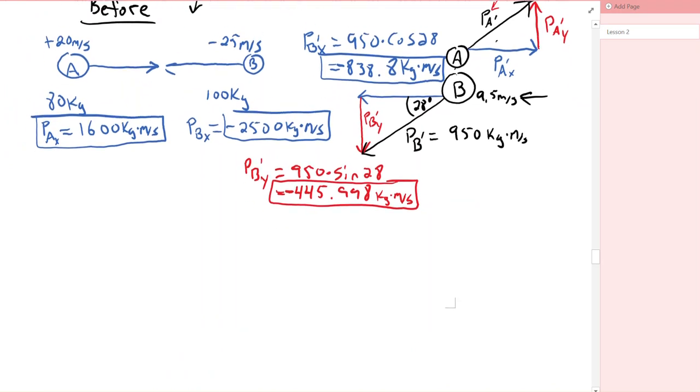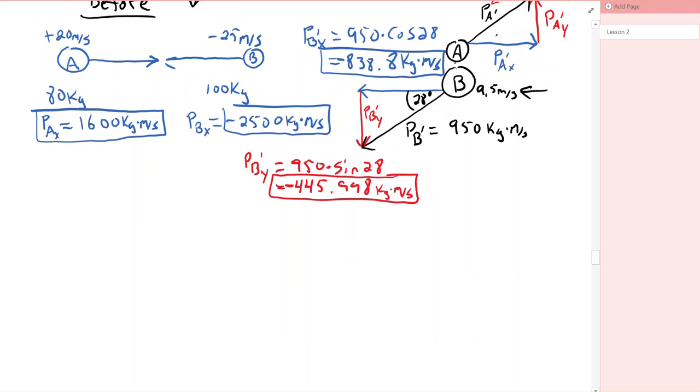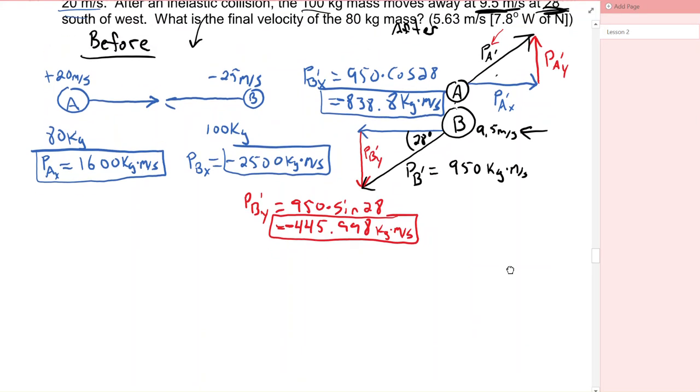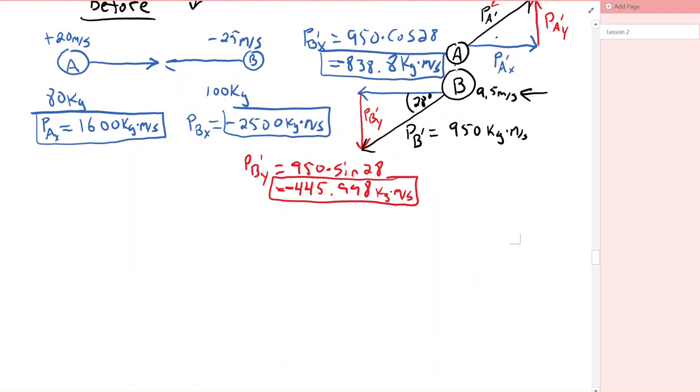So now that we have all those figured out, what we got to do is figure out our momentums, and it's pretty much the same equation that we had before. But this time it's going to be the sum of the momentums in the x direction is equal to the sum of the momentums after in the x direction. Right? So I'm just going to deal with the x, and then I'm going to deal with the y.